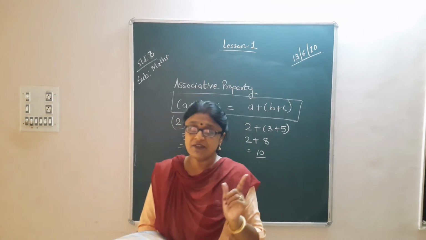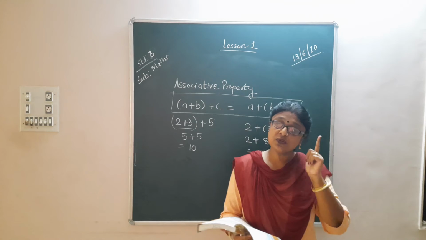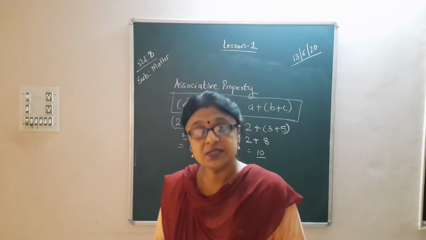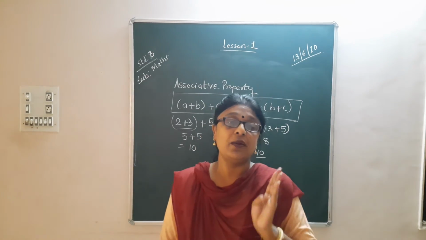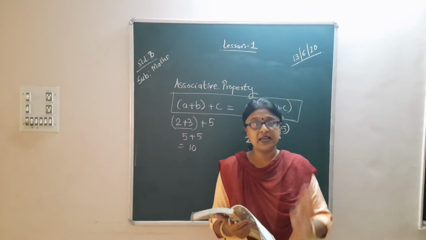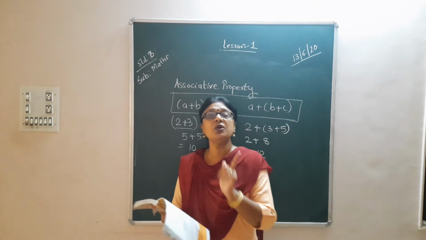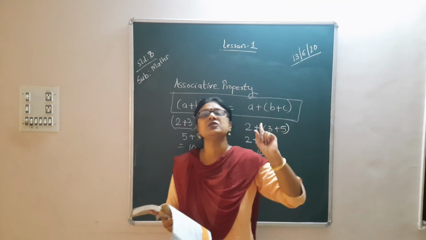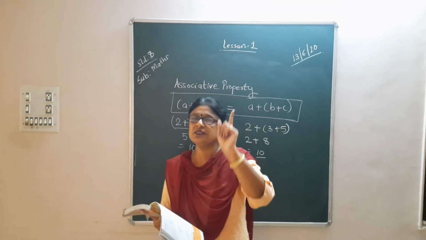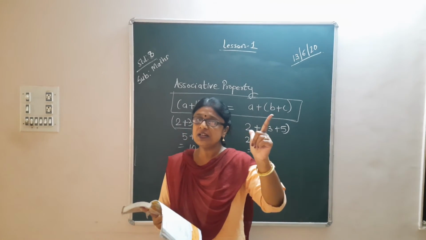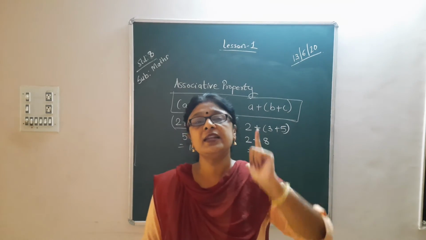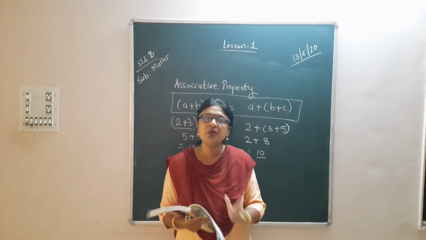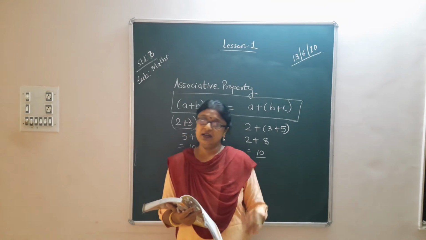Okay? Children, every now and then you have to keep in mind what are natural numbers, what are whole numbers, what are integers, and what are rational numbers. Continuously you have to have in your mind. When I say integers, it should blink in your mind. Integers means all the negatives, all the positives, and 0. When I say rational numbers, it should blink in your mind that the number in the form of p upon q, where q is not equal to 0 and p is an integer.